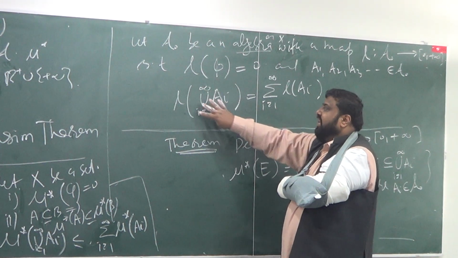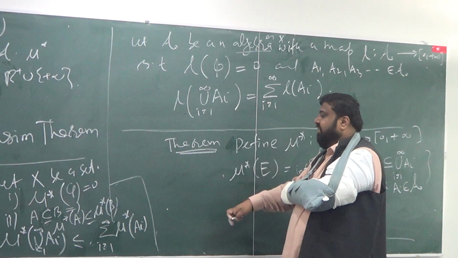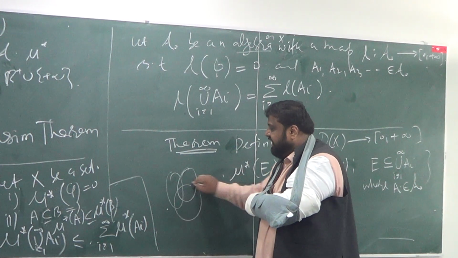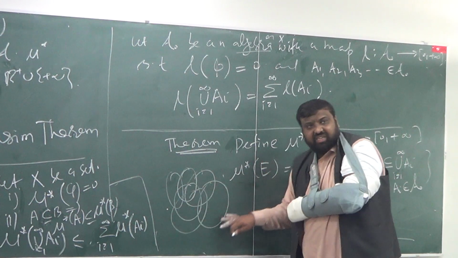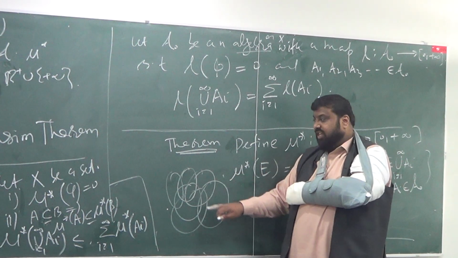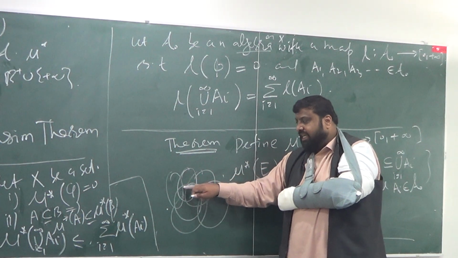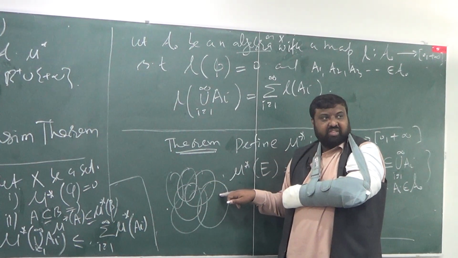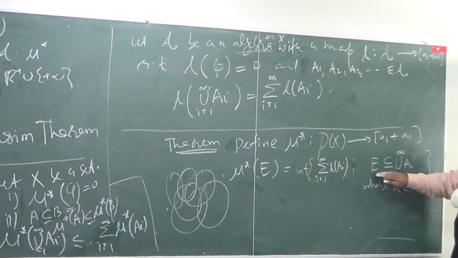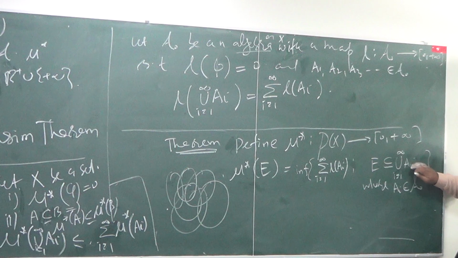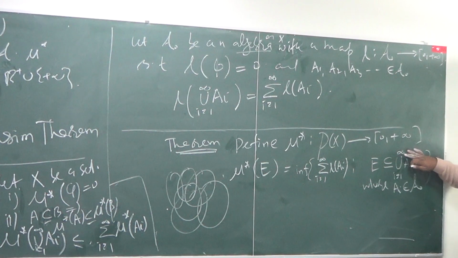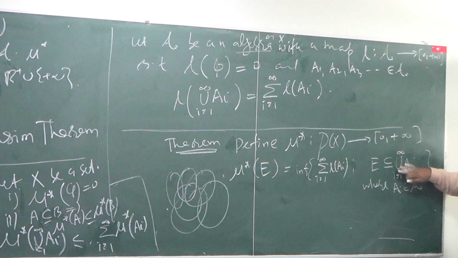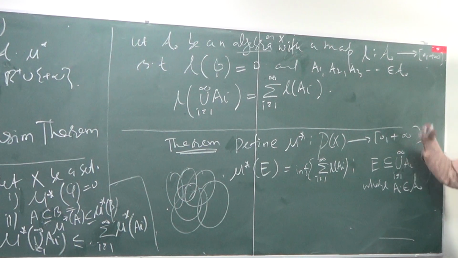In other words, if I have lots of sets which are intersecting with each other, I can break them and their union down into disjoint parts. So it's not a big deal. When I am saying that E is contained in the union of A_i's, I can break these A_i's into disjoint parts in such a way that the length of the union is equal to the sum of the lengths of those disjoint parts, and hence you can get the sum.